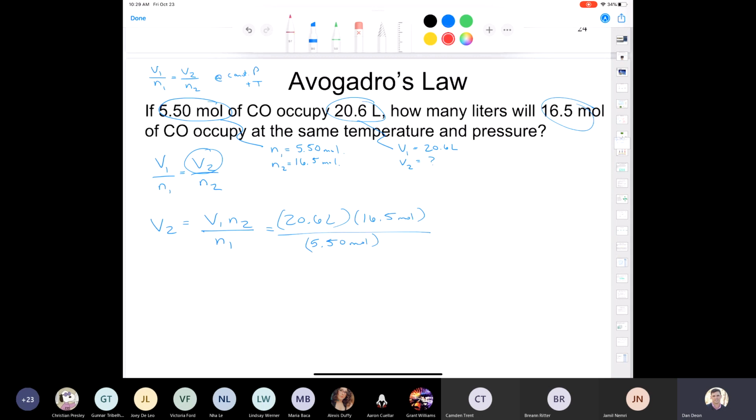Look at this. Moles cancel, and we end up with a V2 which is 20.6 times 16.5 divided by 5.5. And we end up with 61.8 liters.